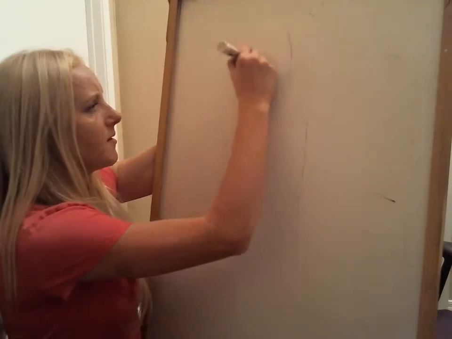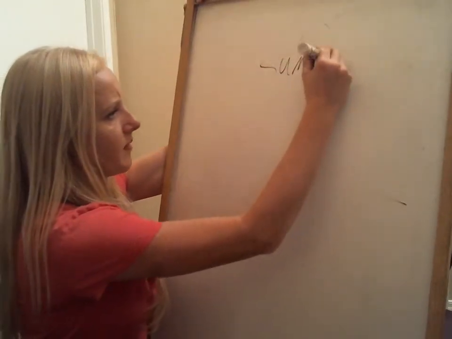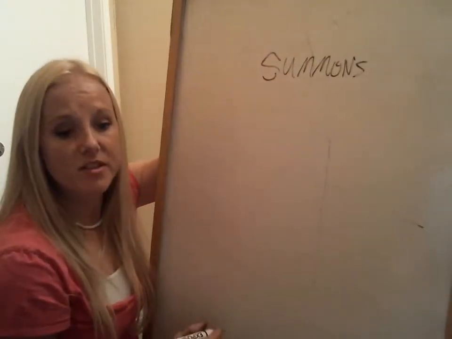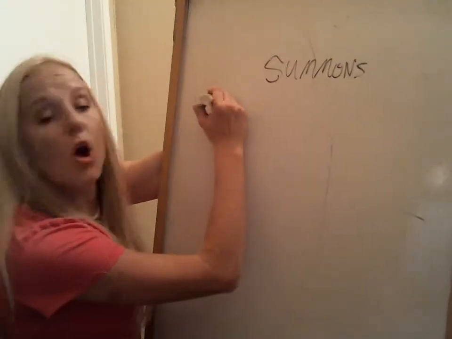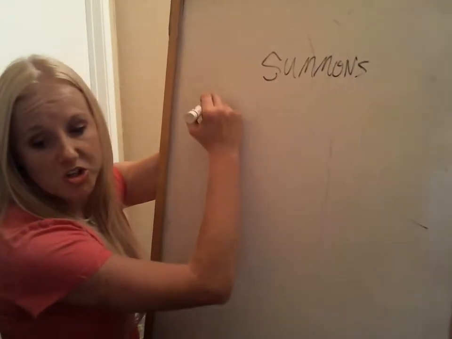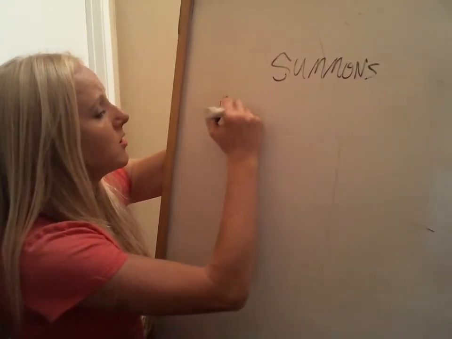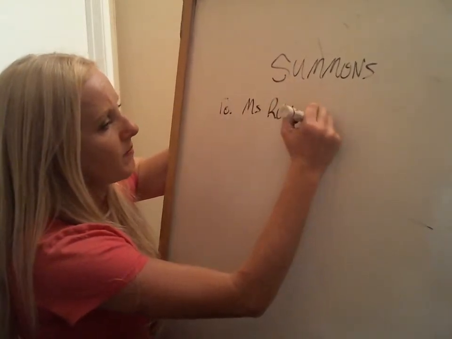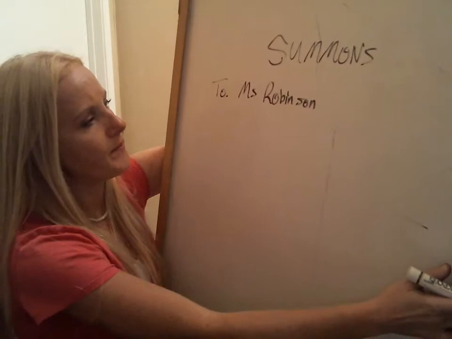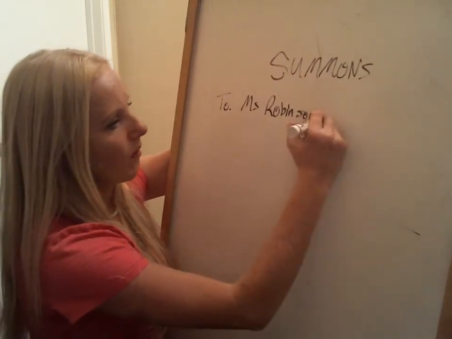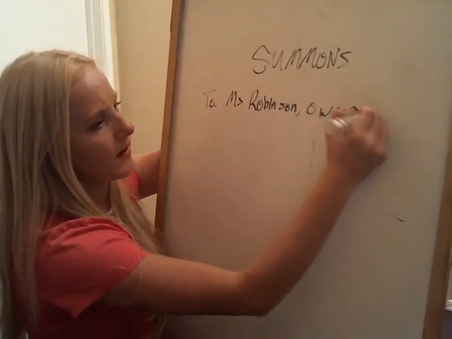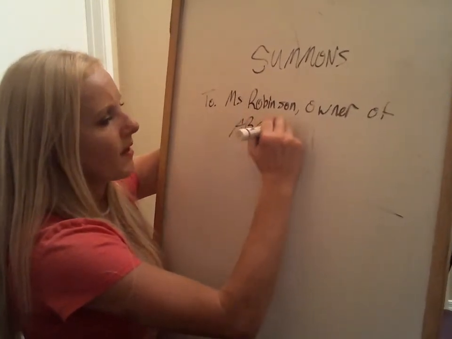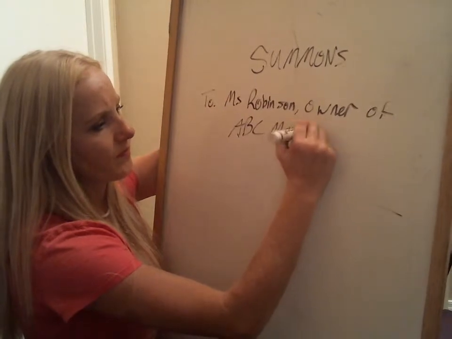And so the summons would be here. And then because we're alleging that Jane Robinson is the owner of ABC Manufacturing, it goes to Miss Robinson, owner of ABC Manufacturing.